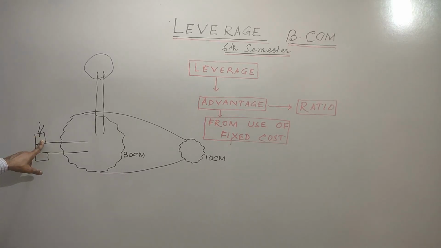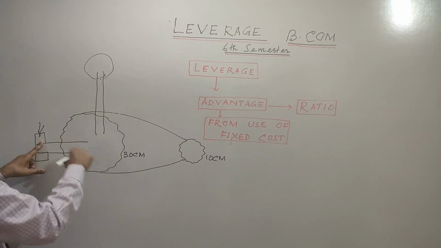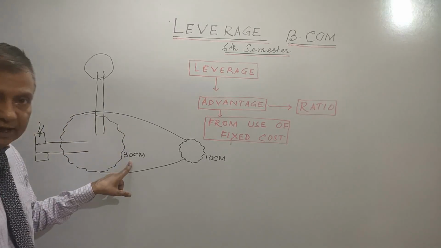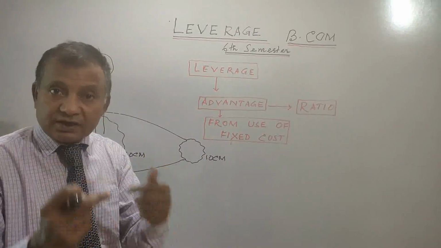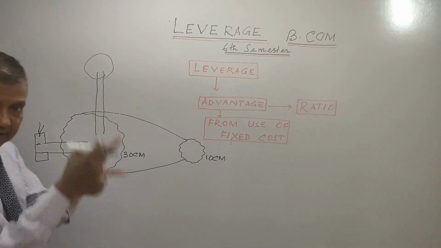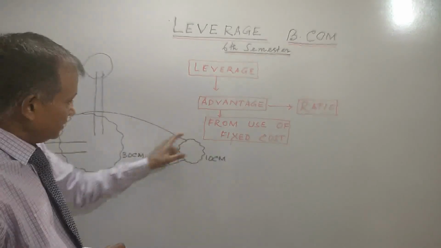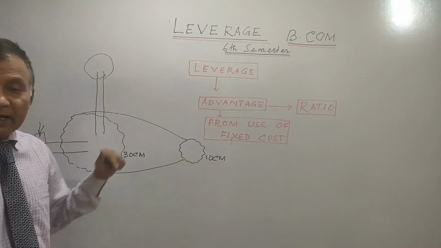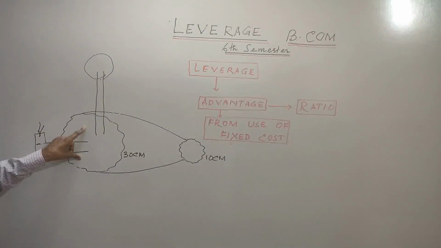He is trying to move this bigger shaft, and if this moves 30 cm, this will result in movement of 3 times. So one time movement of this results in 3 times movement of the back wheel. So you are getting certain advantage.